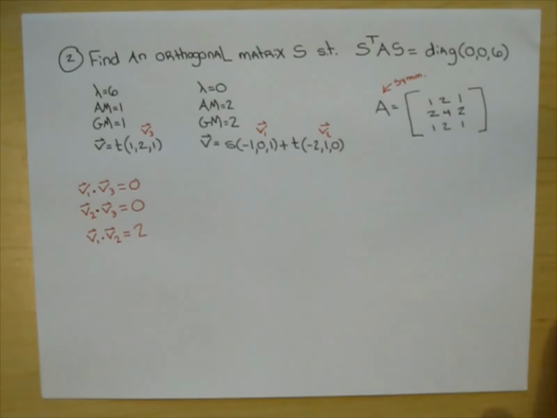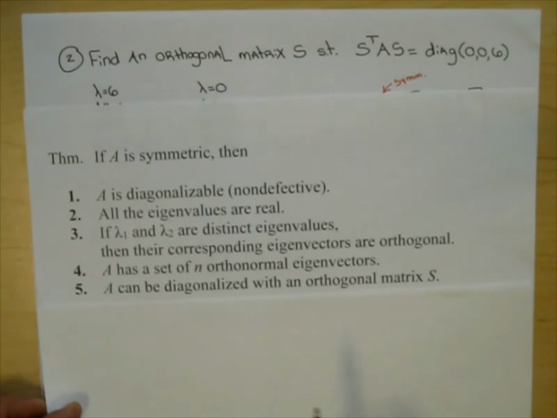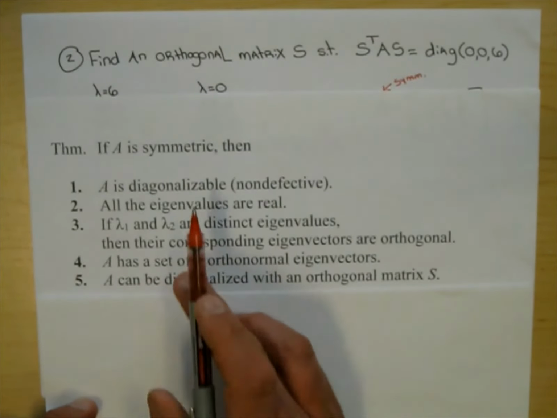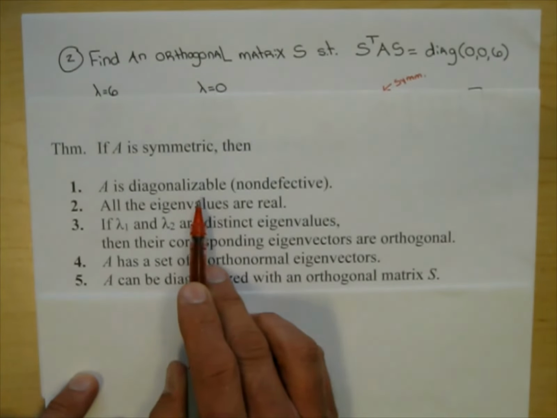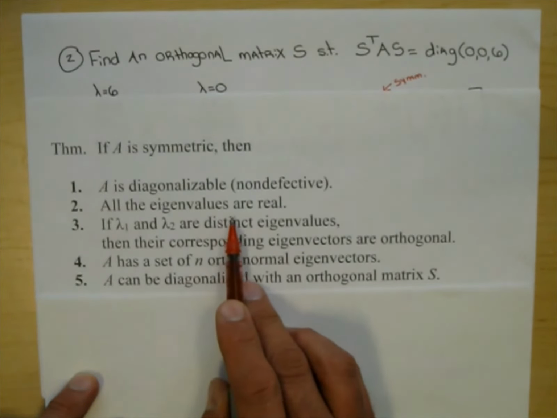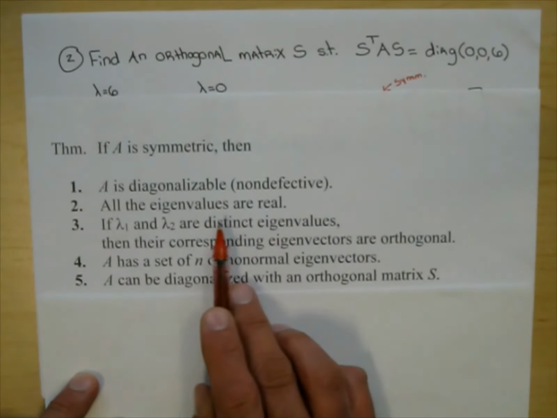Okay, so why don't we go ahead and take a look at our statement here. So our theorem: you have a symmetric matrix, then that matrix is diagonalizable. All the eigenvalues are real, so we have that.